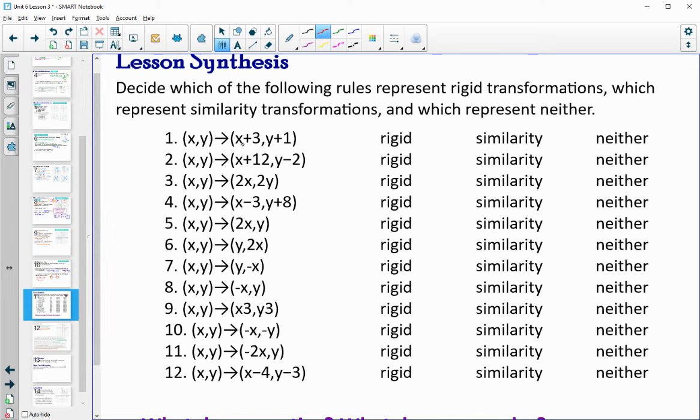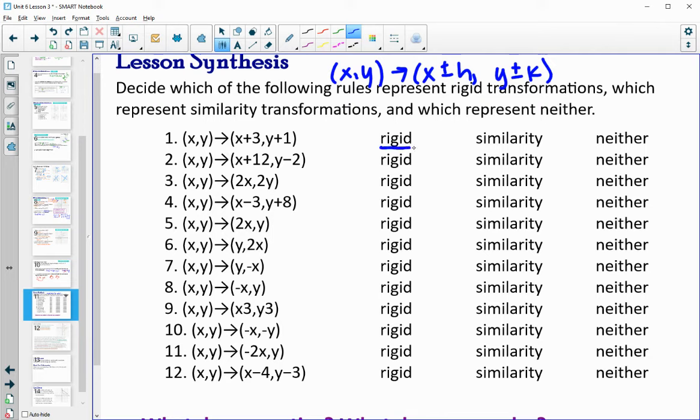So these ones in this form, where we added a number to each the x and the y, we know create rigid motions, because we know that they're going to be translations. So we talked about that rule that mapped xy to x plus or minus h and y plus or minus k, just moved the shape or translated it along the directed segment hk.